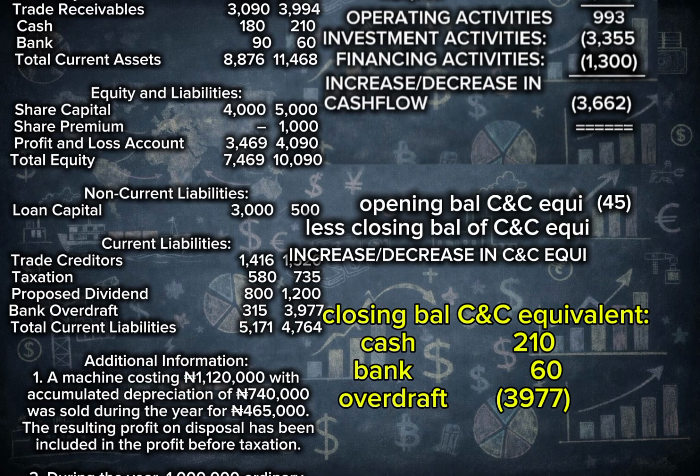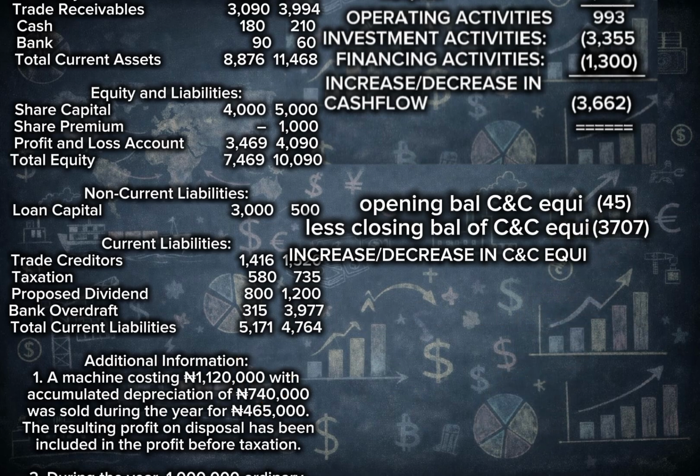And the closing balance of cash and cash equivalents is the balance of cash at hand, cash in bank, and overdraft figures for 2009. So when we deduct the closing cash and cash equivalent balance of 3,707,000 from the opening cash and cash equivalent balance of 45,000, we will get an overdraft figure of 3,662,000 naira.